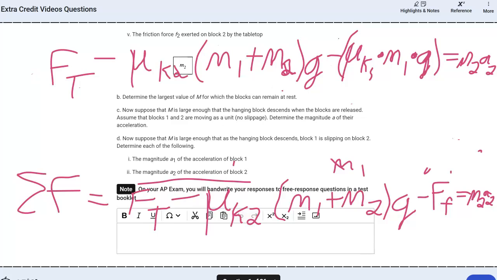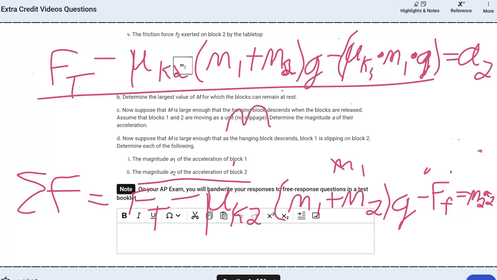That means our A2 is just equal to this whole thing divided by M2. And that is going to be the magnitude of acceleration of block 2. And that's the final question. So thank you, and I'll see you in the next one. Bye-bye.